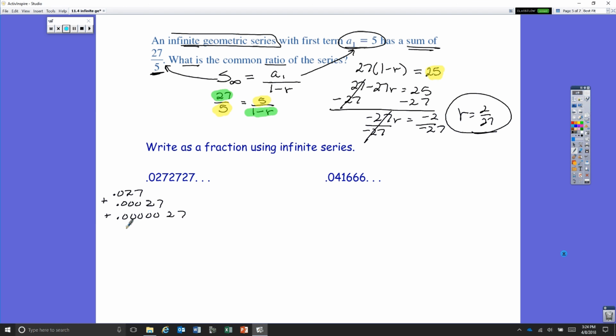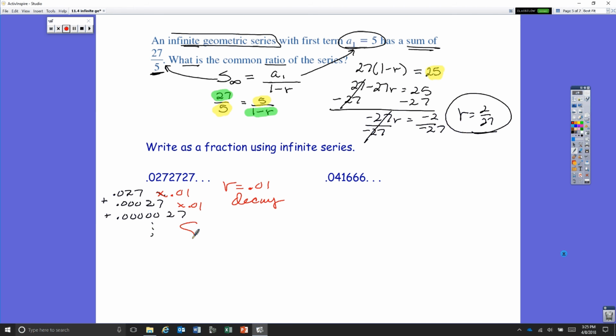I have 0, 2, 7, 2, 7, 2, 7. So it'll continue in this pattern. So it is infinite. I am adding them up. Every time I had to add 2 more decimal places. So 2 decimal places is times 0.01. So my ratio is 0.01, a ratio of decay.